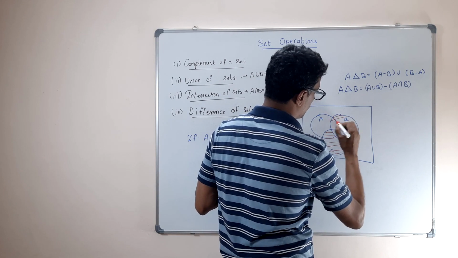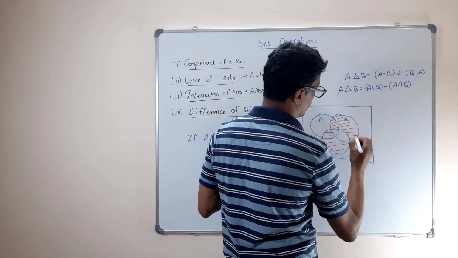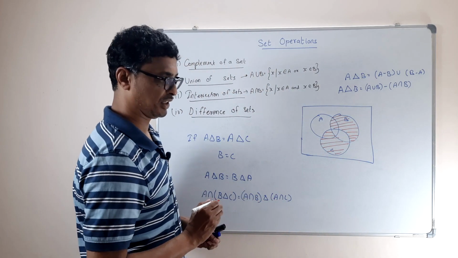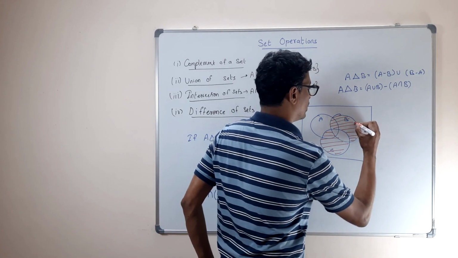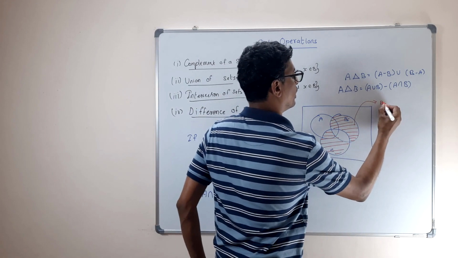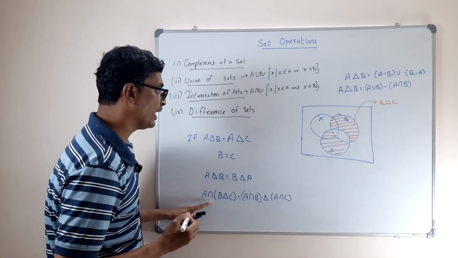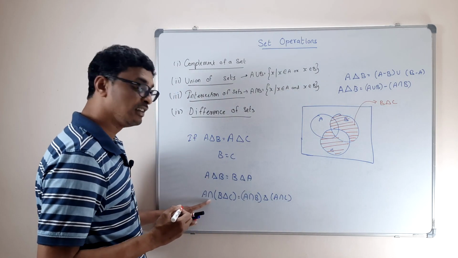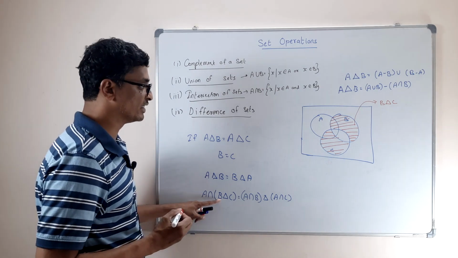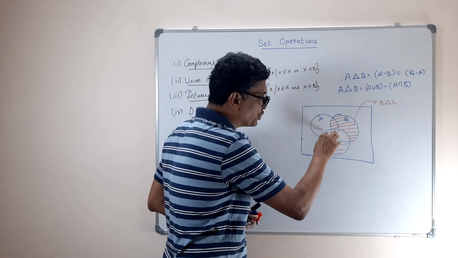and this portion. Okay, so this portion. This is your B symmetric difference C. Okay, and then we are going to A intersection with that. Can you tell me what is the intersection between A and the symmetric difference of B and C? These two.